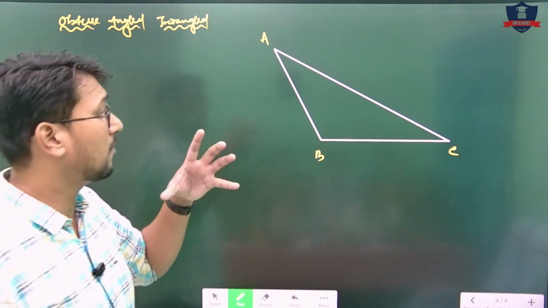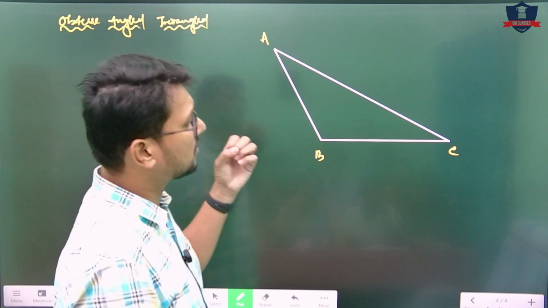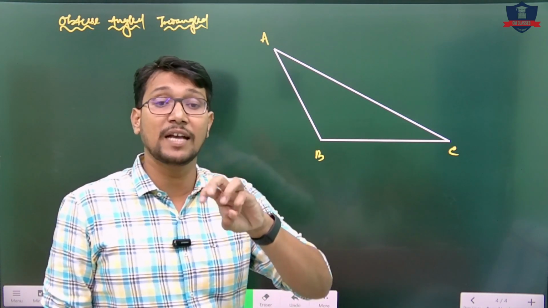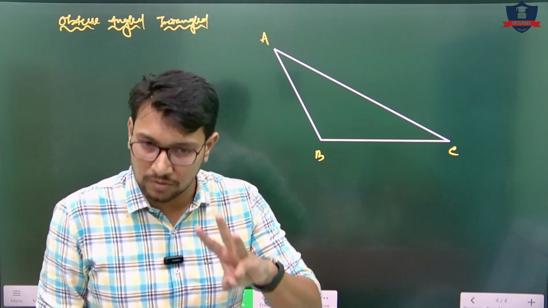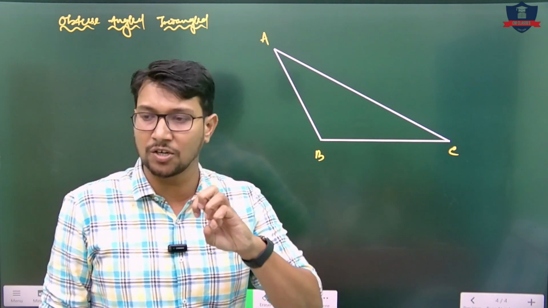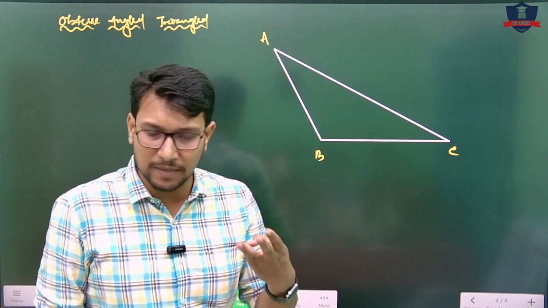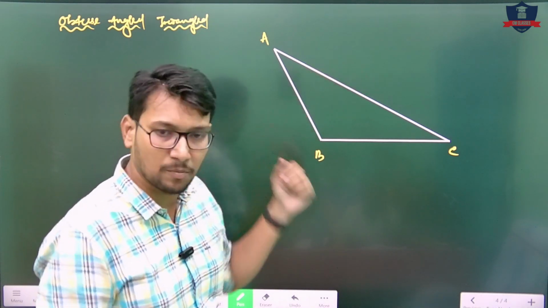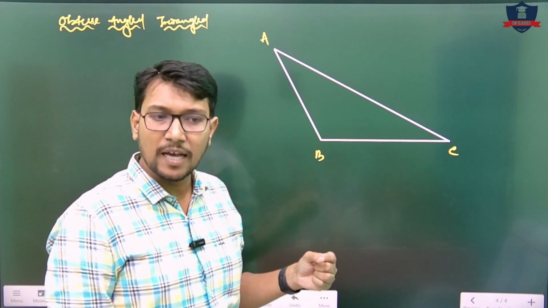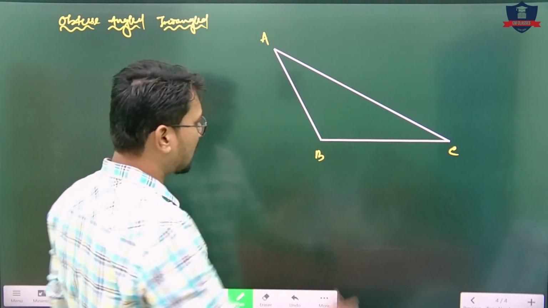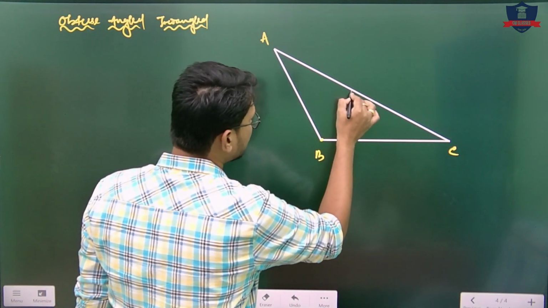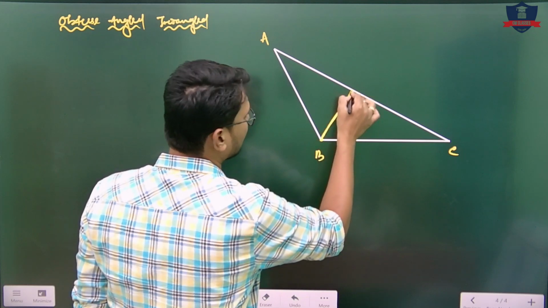And बच्चों, you remember, every triangle has how many altitudes? 3 altitudes. Altitude का मतलब क्या है? It is a perpendicular drawn from a vertex to its opposite side. मतलब I can draw from B to AC a perpendicular.